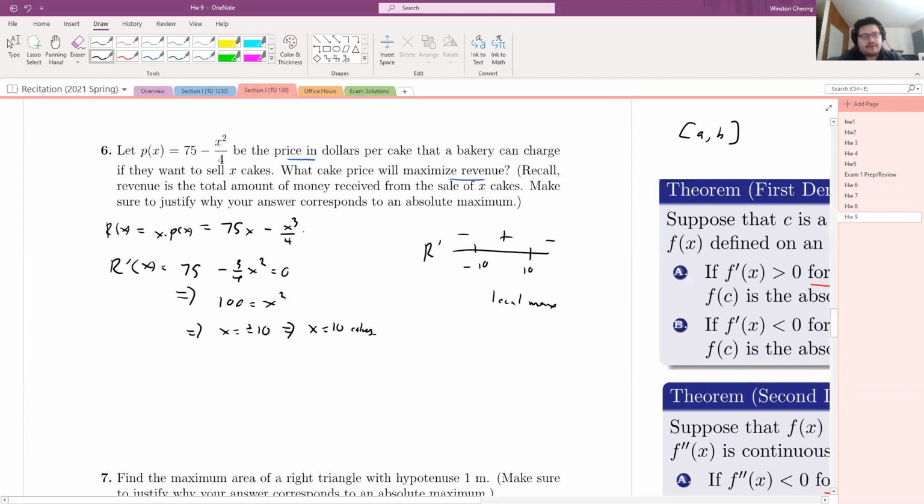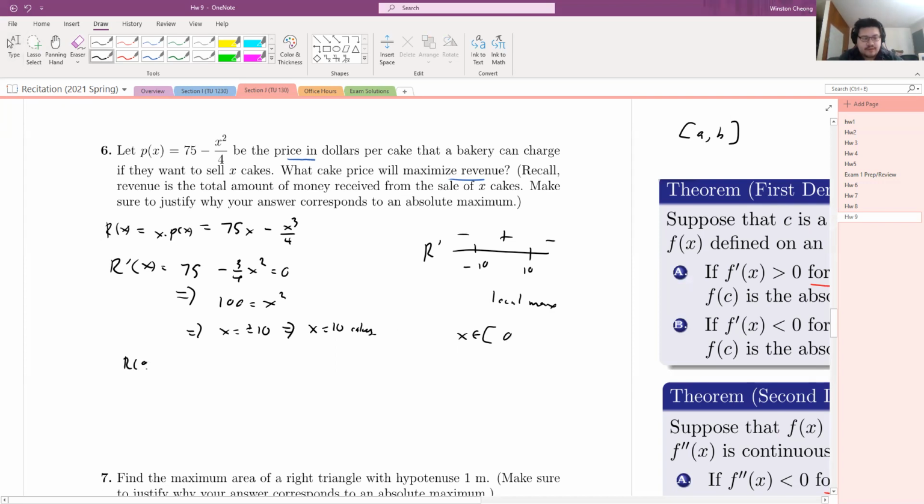So the key thing to think about is, what would be a nice value? In previous problems, what we tried to do is degenerate a rectangle. Here we can also do that same kind of idea. We can degenerate something. In particular, we can look at this product and say, what if we let x equal 0? Well, that's going to make the revenue equal 0. So that's a really easy value to use.